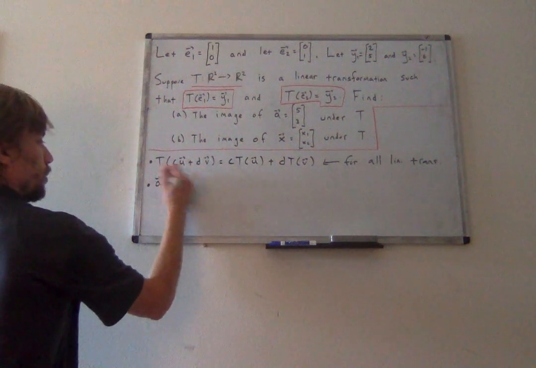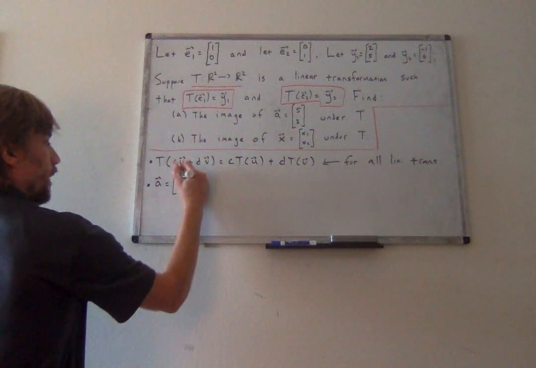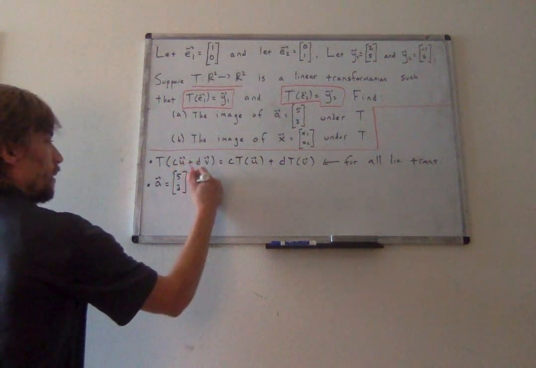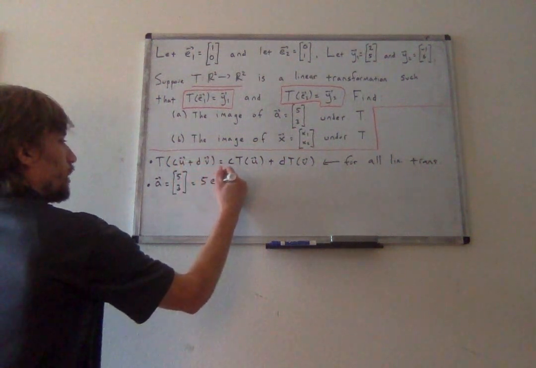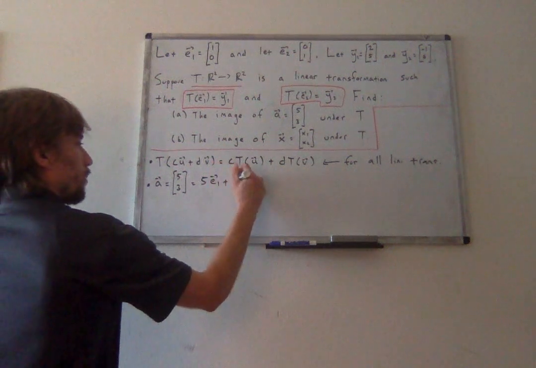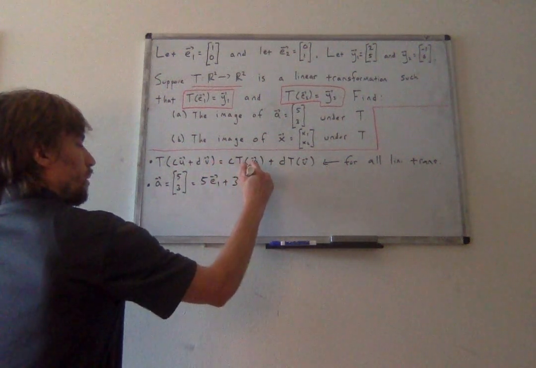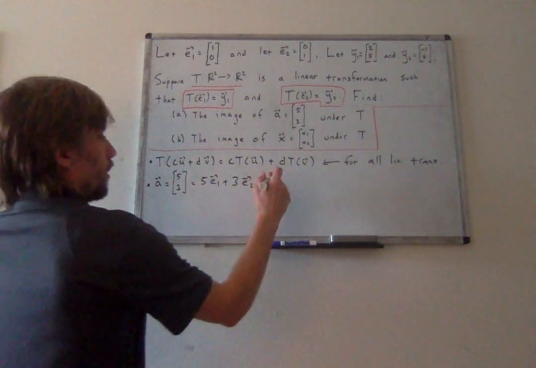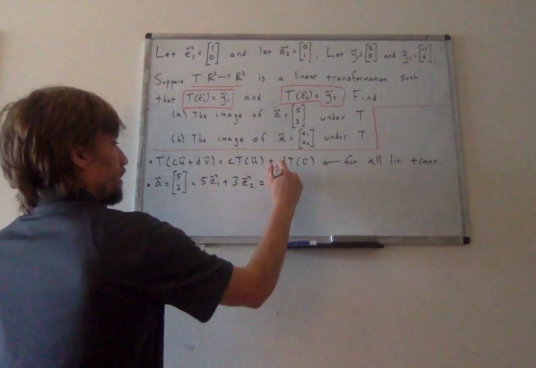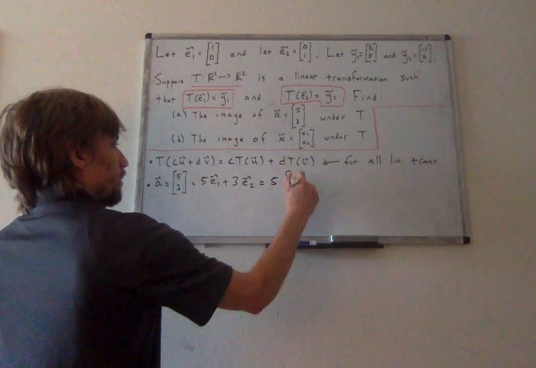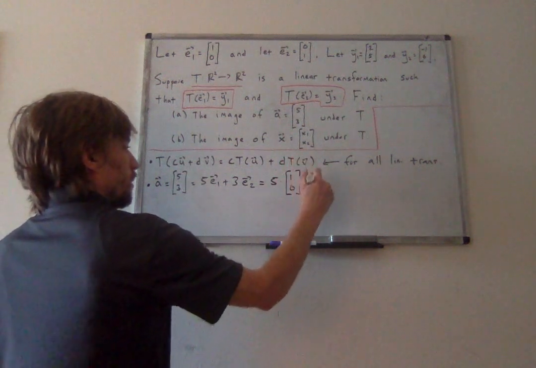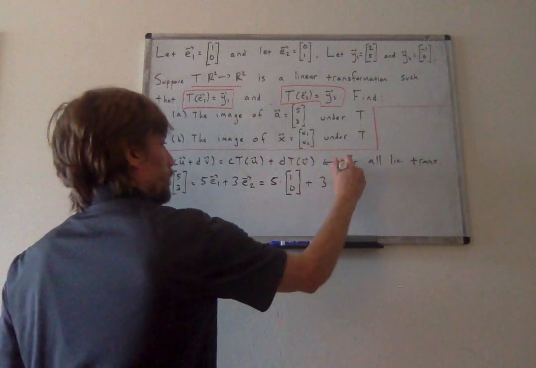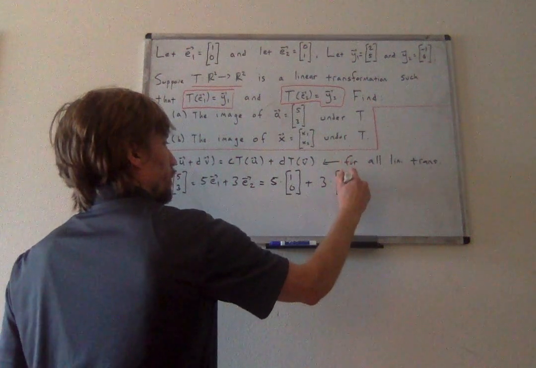Because notice, a, which is equal to the vector (5, 3), is just equal to 5e1 plus 3e2, right? Because notice this is 5 times (1, 0) plus 3 times (0, 1).